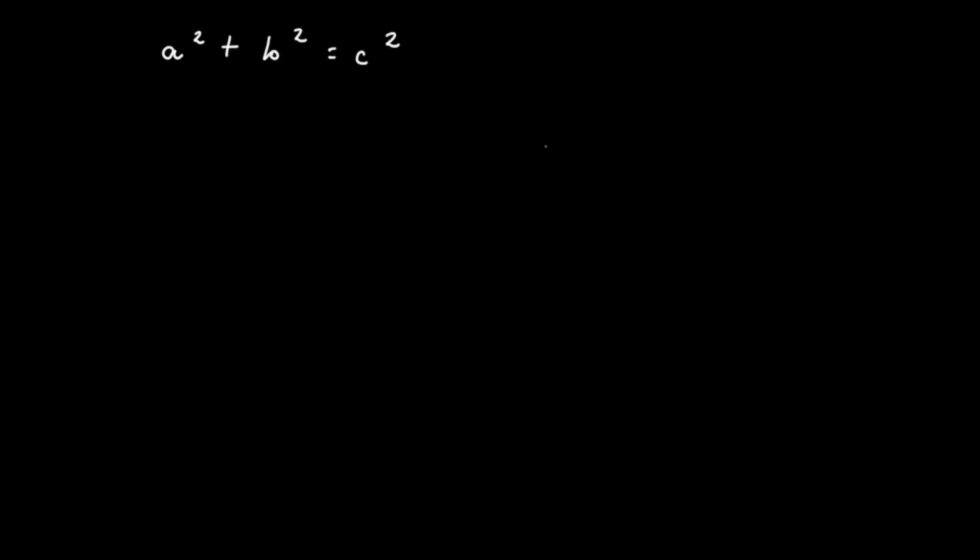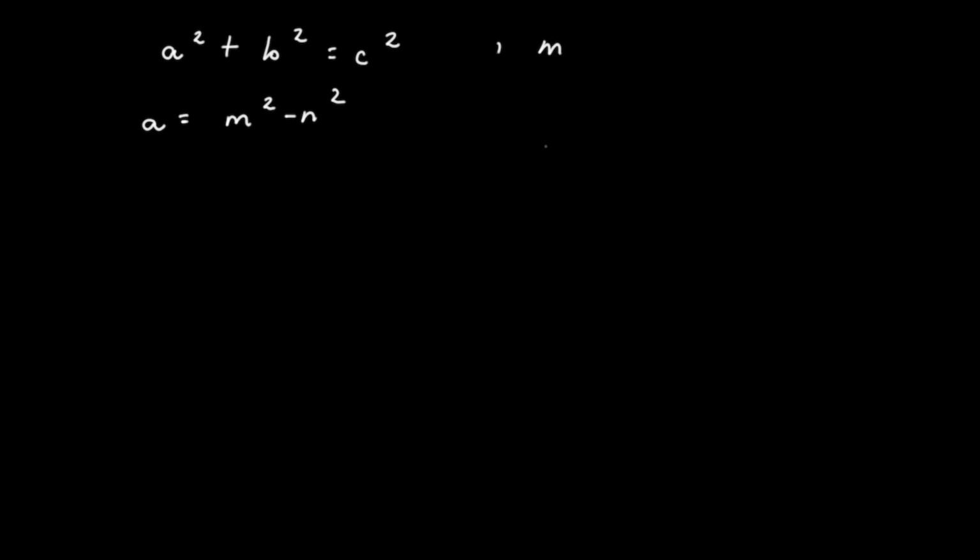Okay, so to figure out those triples, we have a set of equations that we can use to figure out A, B, and C. You're going to look at m and n, where m and n are integers and m is greater than n.